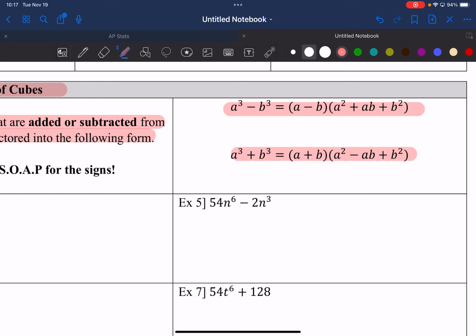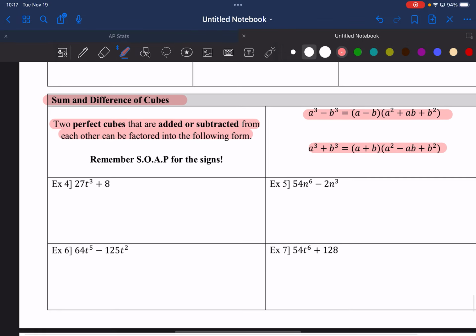The signs change a little bit depending on what it is. Looking at example 4, are we going to use the first formula or the second one? Second one. I'm going to write it here: a plus b, a squared minus ab plus b squared.